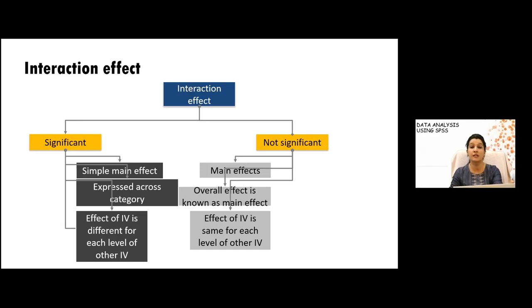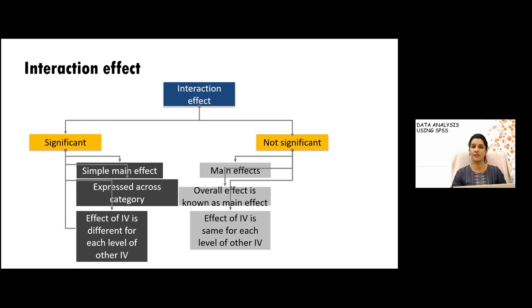Like you have seen in case scenario 2 in the beginning, where I discussed gender and obesity. In the second case, you have seen that because of the gender, the pattern of cholesterol across the various obesity levels was not being affected. So that was the main effect. But when it is getting affected, then we call it a simple main effect.